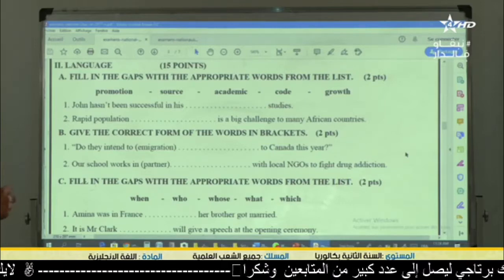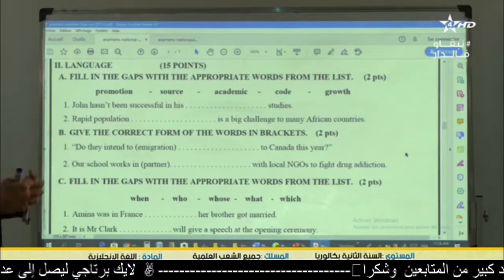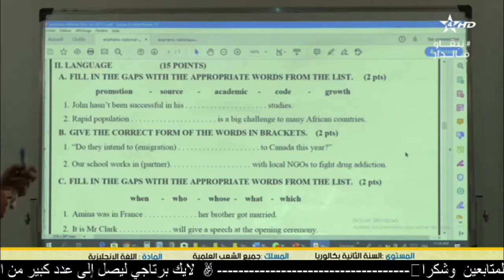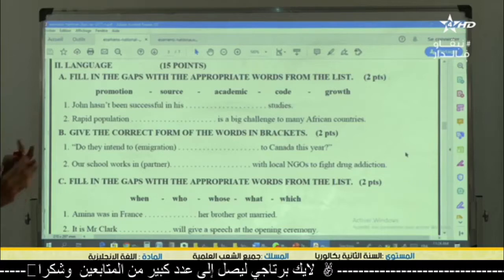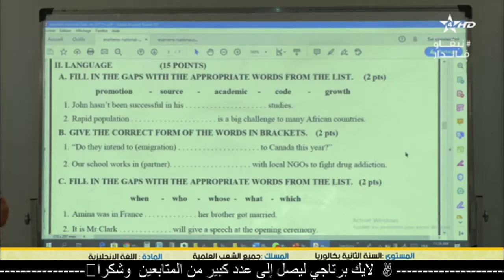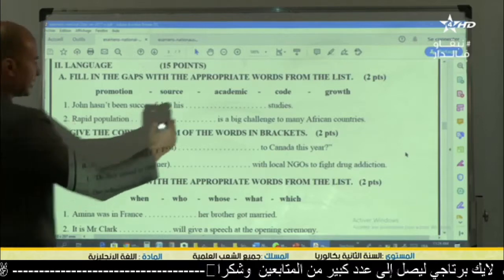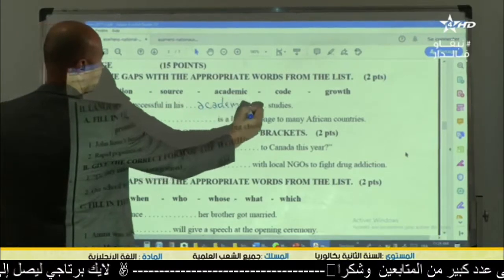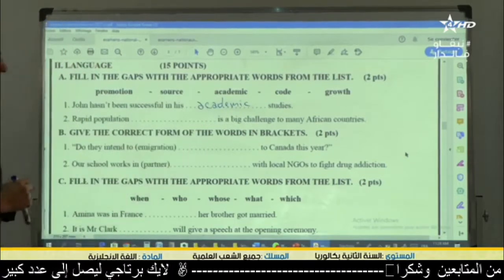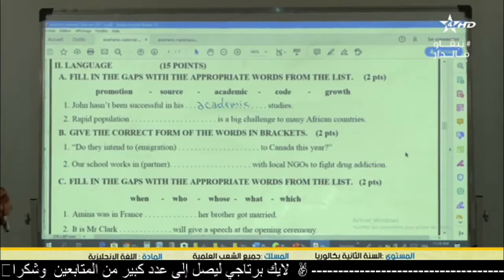We need a word that has a relation with studies, with education. So the answer is academic studies. He hasn't been successful in his academic studies.